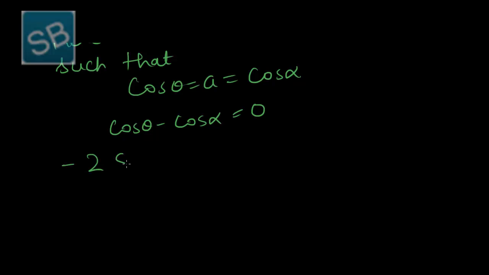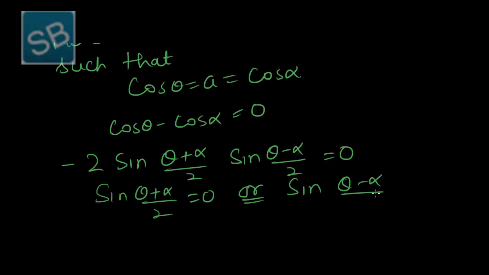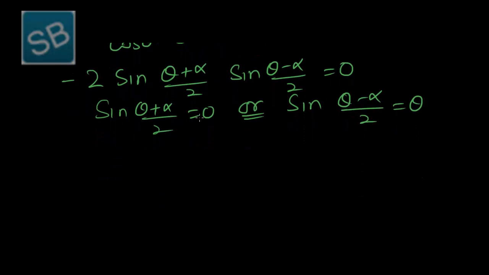That is minus 2 times sine of (theta plus alpha) over 2, sine of (theta minus alpha) over 2 is equal to 0. That implies sine of (theta plus alpha) over 2 is equal to 0, or sine of (theta minus alpha) over 2 is equal to 0.